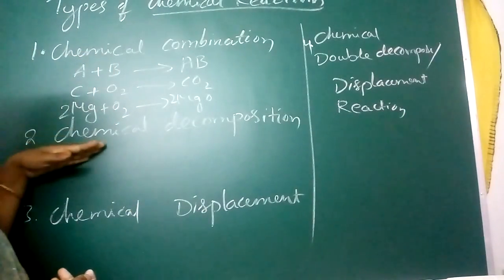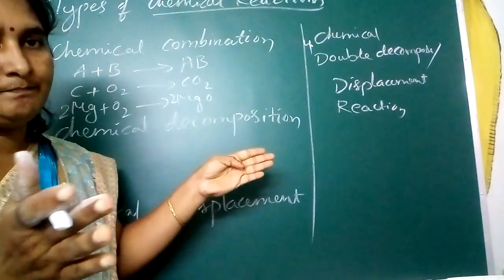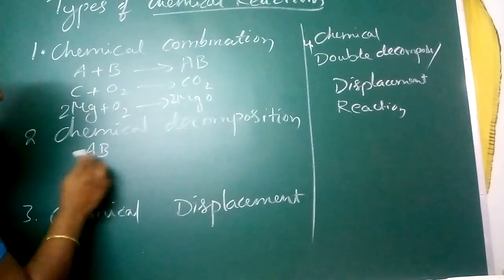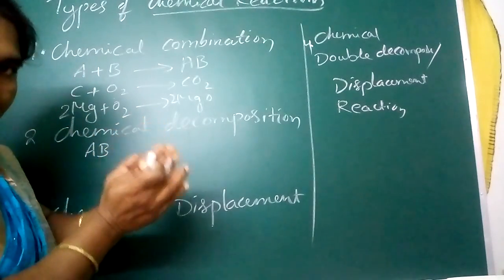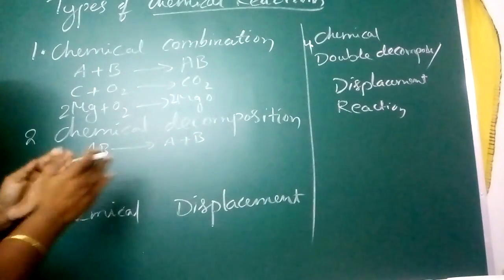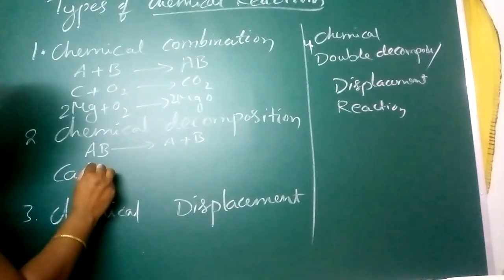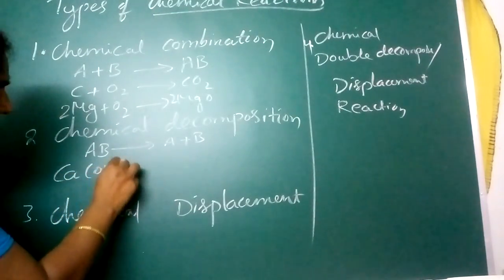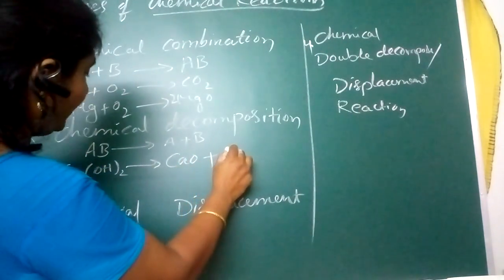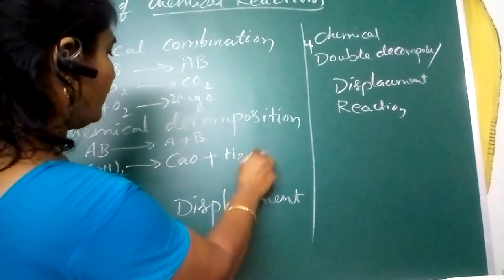Now you come to the second one, chemical decomposition. It is in the name only. Decomposition means splitting. Suppose you take one complex substance, then it decomposes into A plus B. Here is one example: Ca(OH)2, slaked lime, decomposes into CaO and H2O.